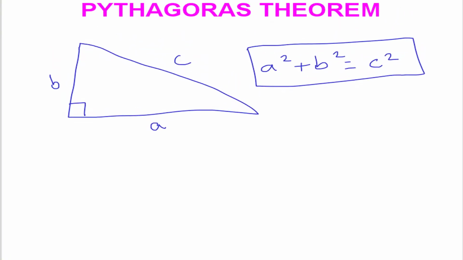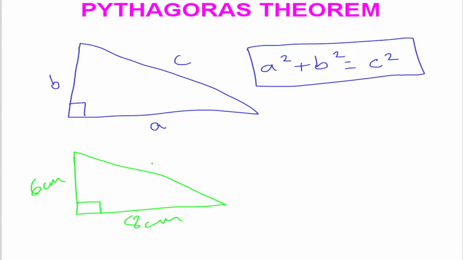Alright, so to understand this theorem, let's give you guys an example. Say you had a triangle. Again, it has to be a right angle triangle, and the side here is 6 centimeters and it's 8 centimeters here, and you're asked to work out this length. How would you work this out? Again, we look at the formula: a squared plus b squared equals c squared.